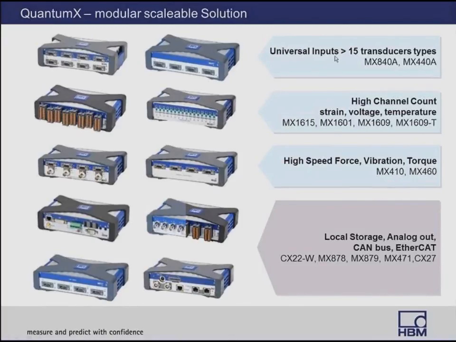Previously, I was describing to you the 840 and 440A, and as I mentioned, this is one of the most popular modules available in the market for doing R&D work and fits in very well with dyno applications. Whereas with the other high channel count modules, and these are typically 4 and 8 channels, the high channel count modules can go to 16 modules, and you can daisy chain and connect modules together to get even more channels.